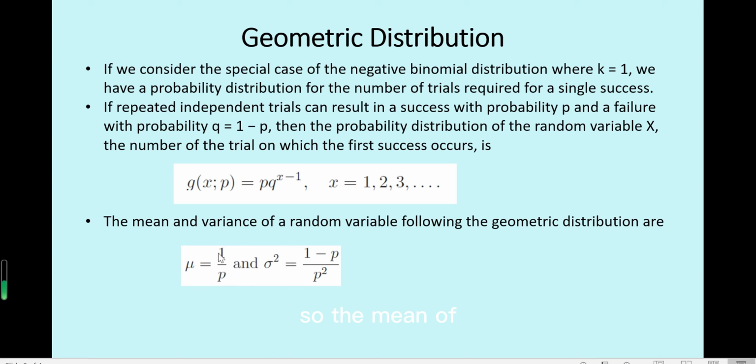The mean of the geometric distribution is 1 divided by P. So you have to take an average of 5 trials to get a single success if the success rate is 0.2. And the variance is 1 minus P divided by P squared.